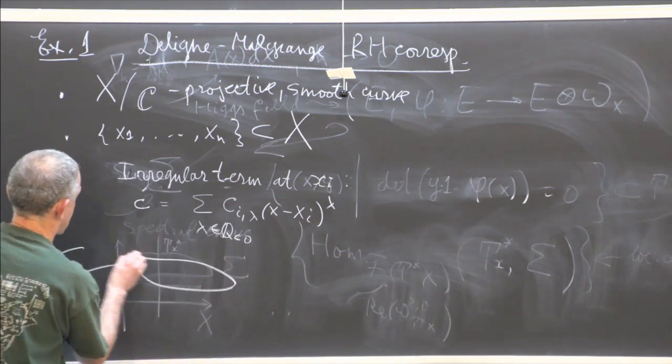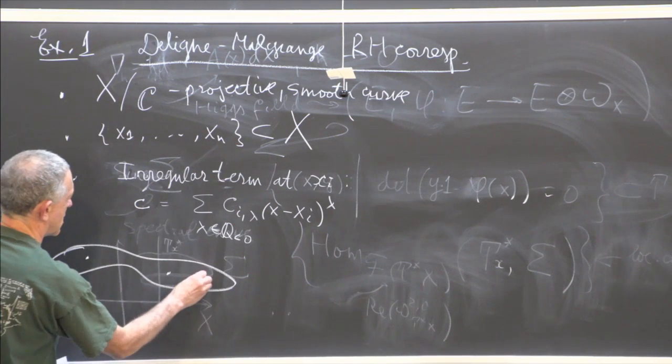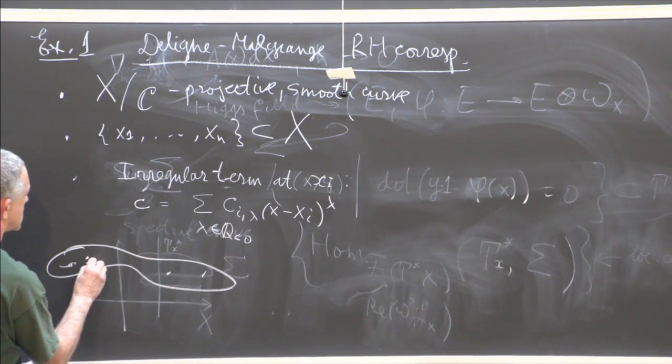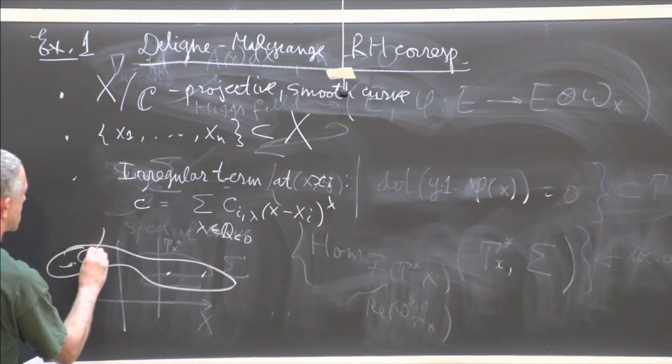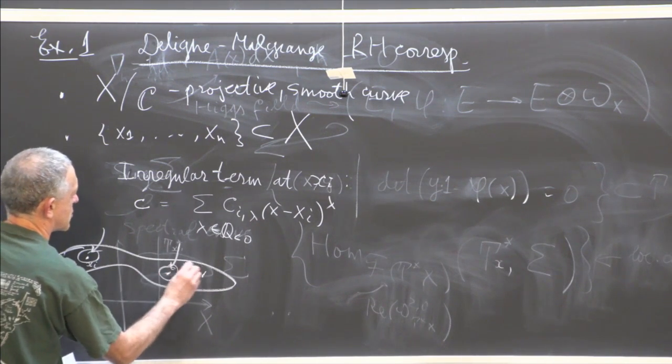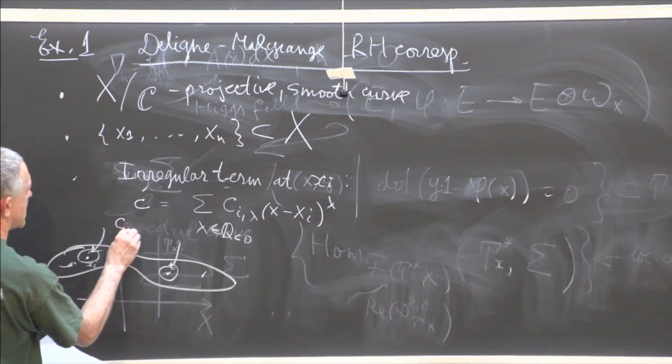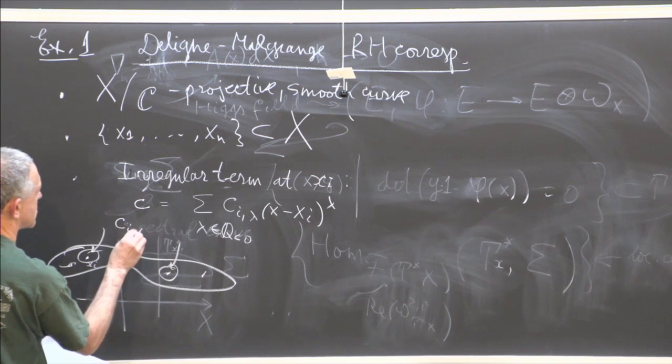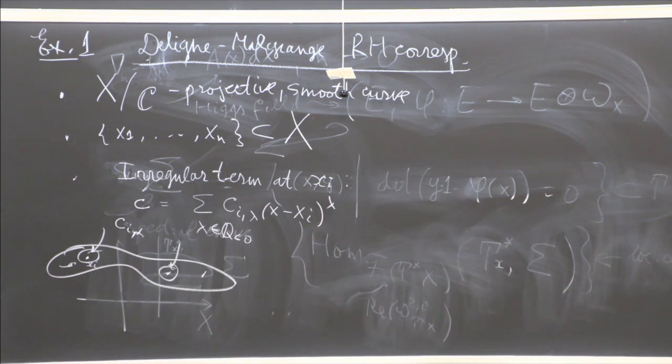So then, having a curve with marked points, to every point I will assign a collection of such irregular terms, maybe with multiplicities.